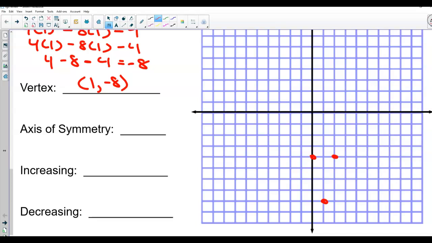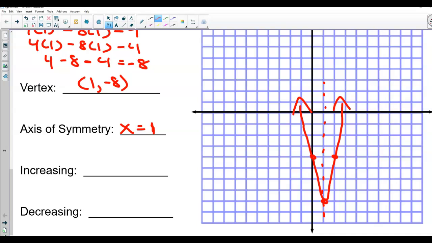And then it's symmetric, so my other point is (2, -4). So there is my graph. Now, the axis of symmetry always goes through the x-coordinate of the vertex. The axis of symmetry is simply x equals 1.